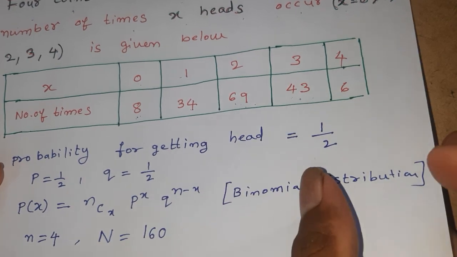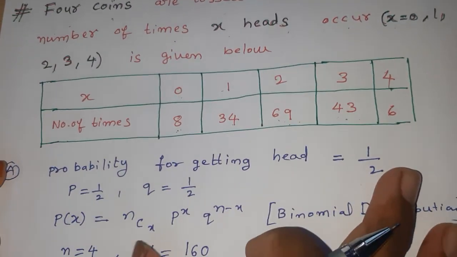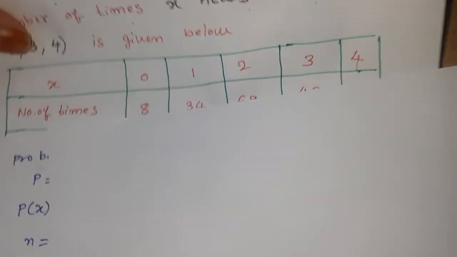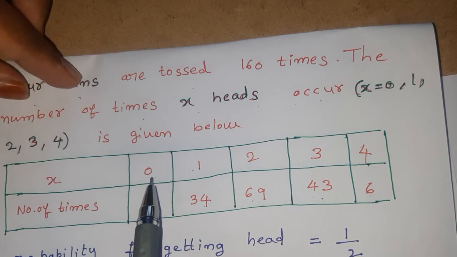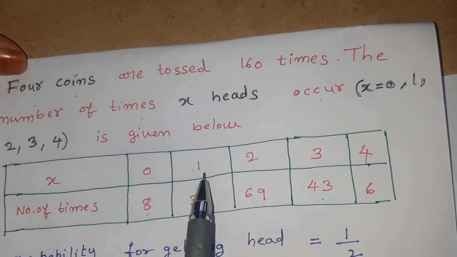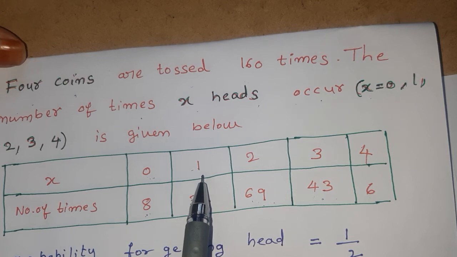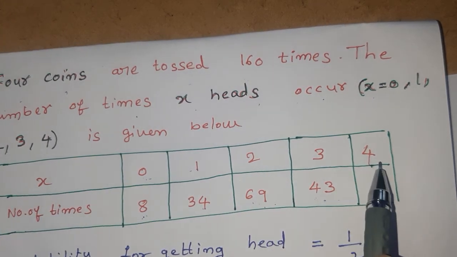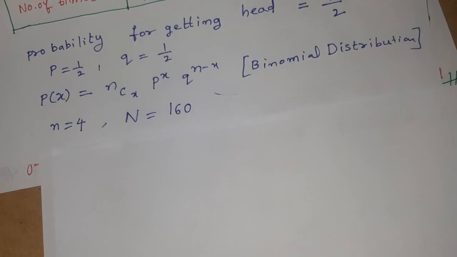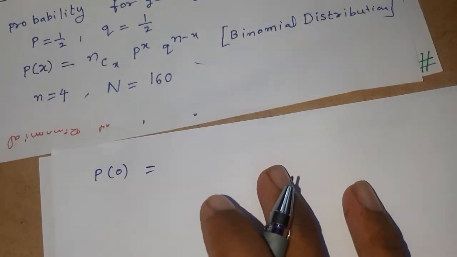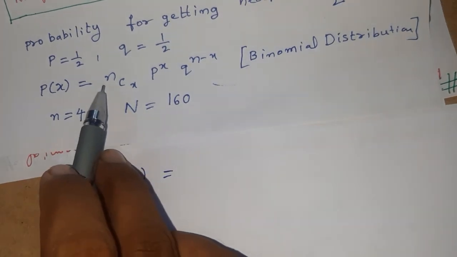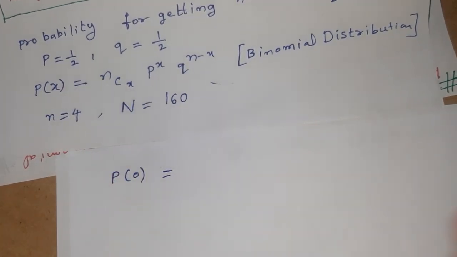Now we need to find the probability of each case, that is probability when x is 0, probability when x is equal to 1, probability for 2 successes, similarly probability for 4 successes. Now let us find P of 0. As per the binomial distribution, P of x is n c x p power of x q power of n minus x.